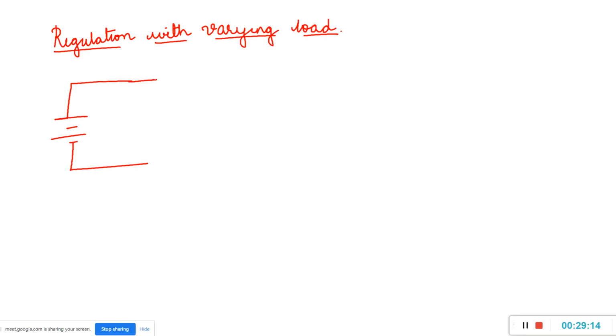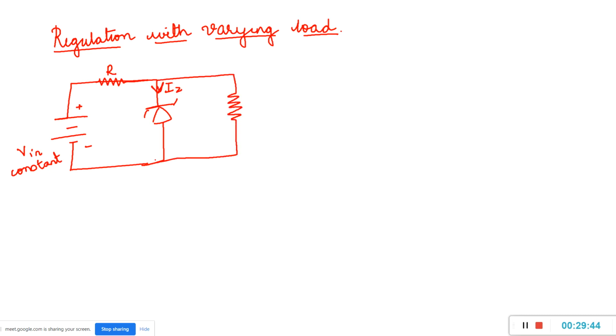I am drawing again. Zener diode. Okay. This is the Vin constant. Now the input voltage is constant. Condition is, now the input voltage is constant. Here there is a resistor R. Here there is a current Iz. Now what we are doing is, now we are trying to vary the load.